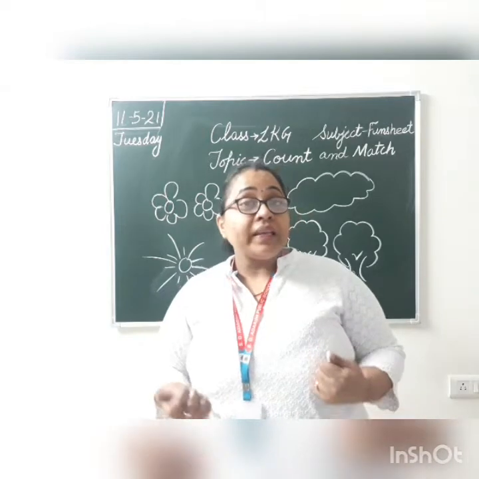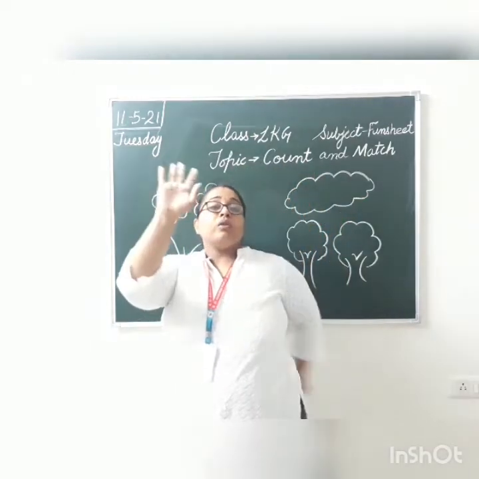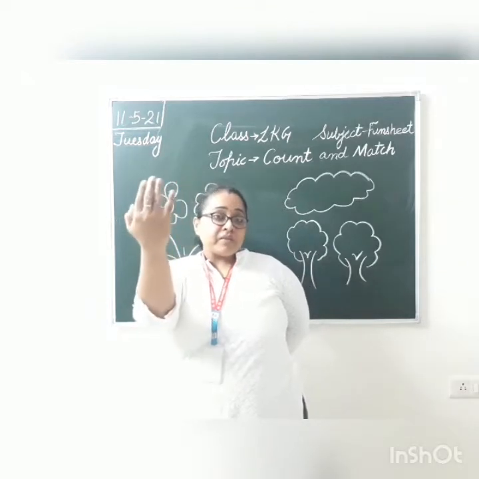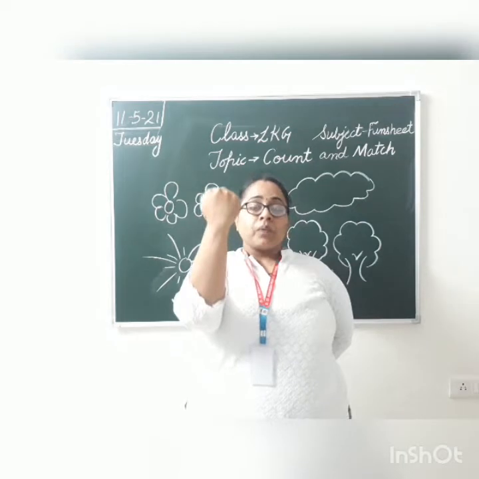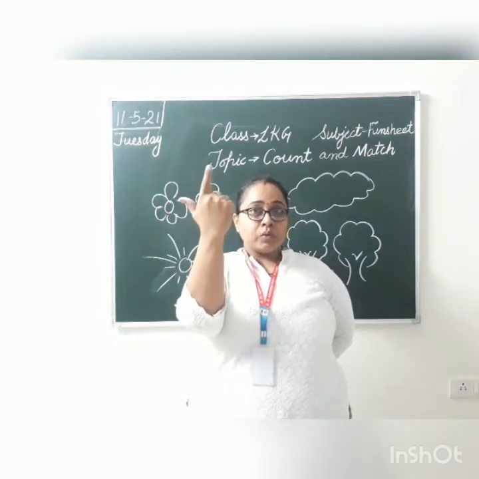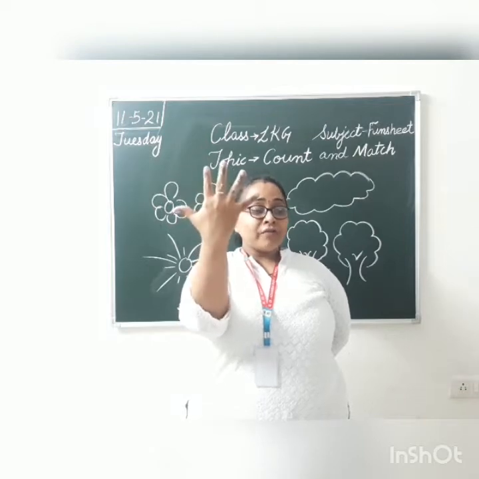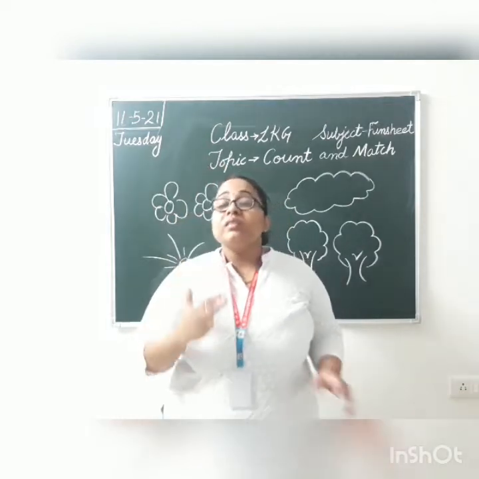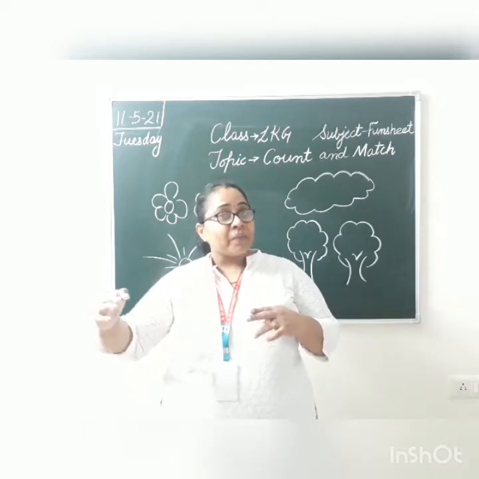Like very easy, we count our fingers, isn't it? So all of you just count how many fingers you have. Close your fist and start doing. 1, 2, 3, 4, 5. Isn't it? So this is how we count things one by one.